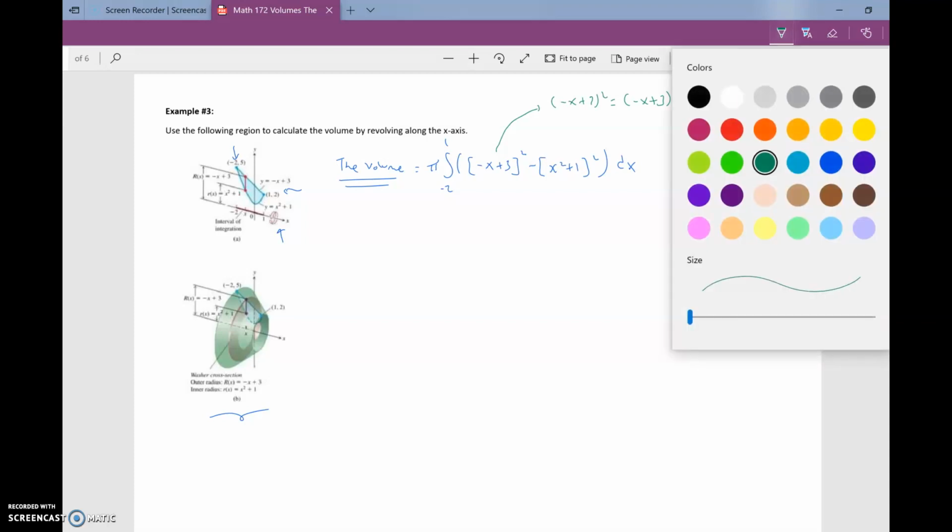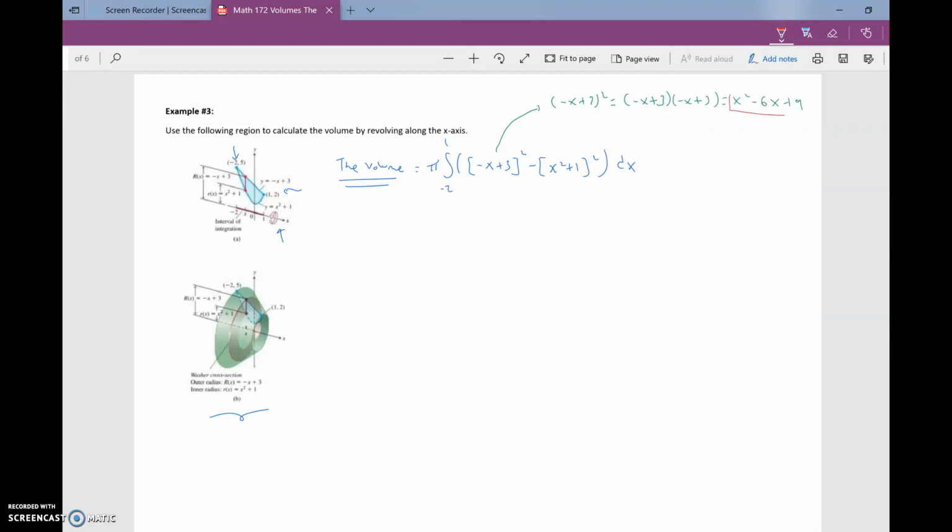That's going to be the resulting FOIL of -x plus 3. Let me double check that. That's x squared minus 6x plus 9.